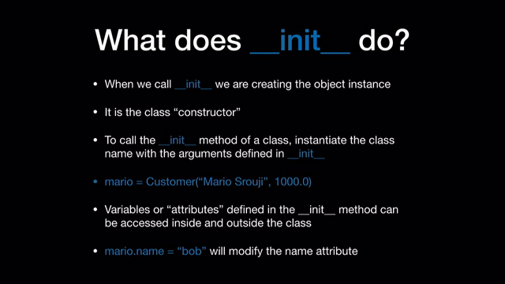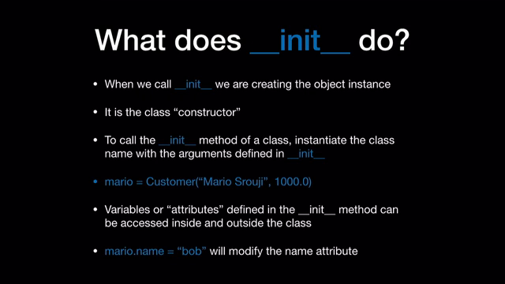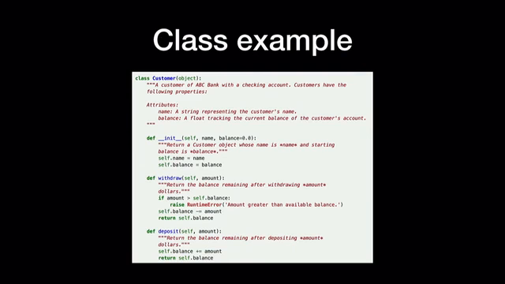Now, any variables defined inside of the init method, for example, here, we see self.name equals name, or self.balance equals balance. These variables are called attributes, and any attributes defined inside of the init method of a class can be accessed inside and outside of that class. For example, here we have two attributes, self.name and self.balance.